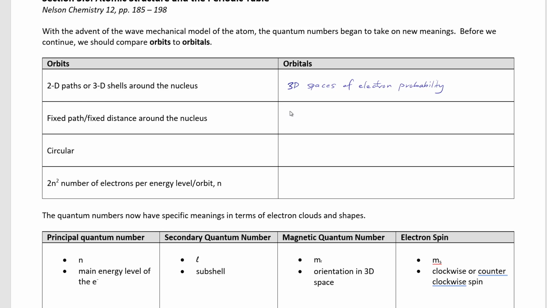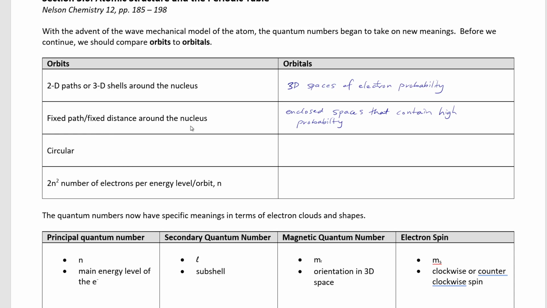What we talk about are basically these orbitals, which are effectively enclosed spaces that contain high probability. And when I say high probability, I say high probability of finding an electron within that enclosed space.